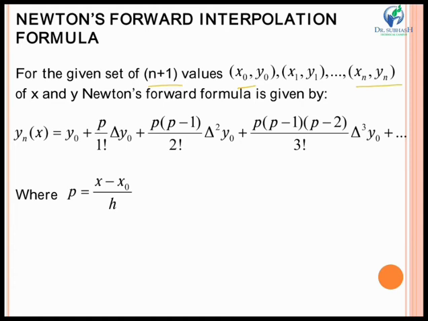Okay, for x and y, then Newton's forward formula is given by y_n(x) equal to y0 plus p upon 1 factorial delta y0 plus p into p minus 1 upon 2 factorial delta square y0 plus p into p minus 1 into p minus 2 upon 3 factorial delta cube y0 plus and so on, where p is x minus x0 upon h.